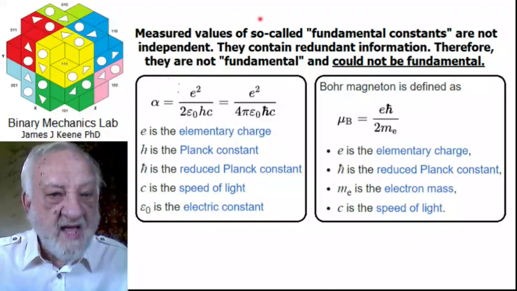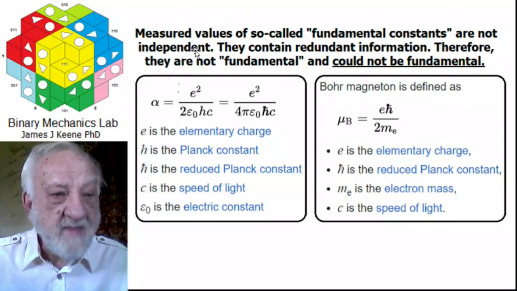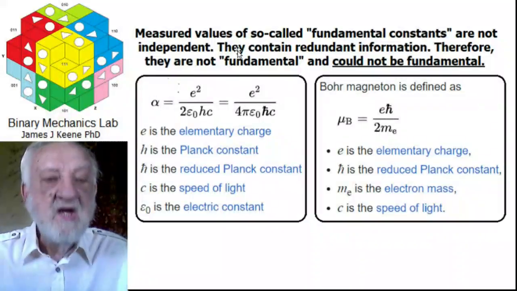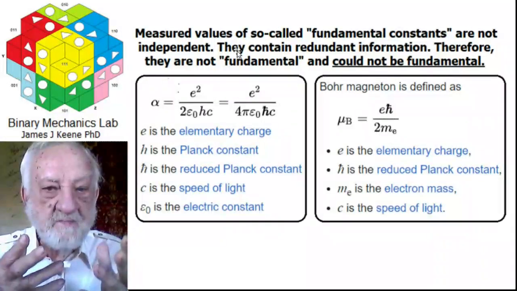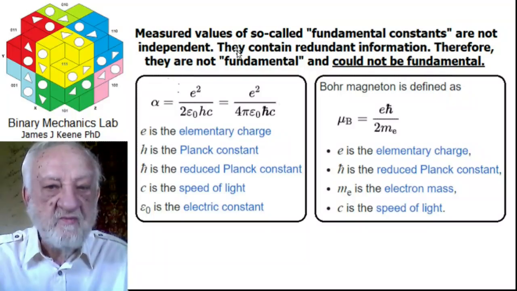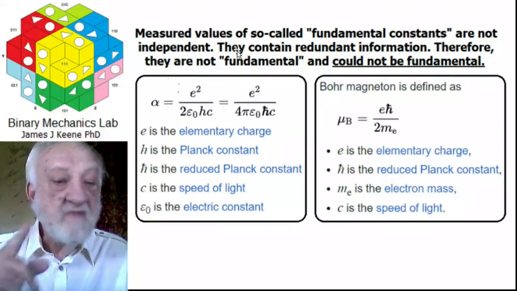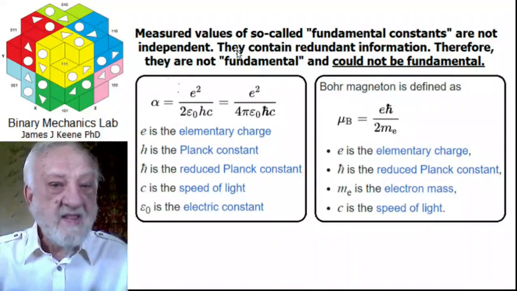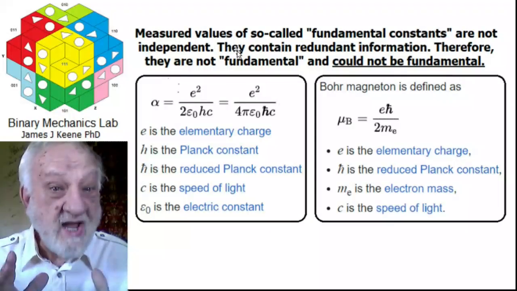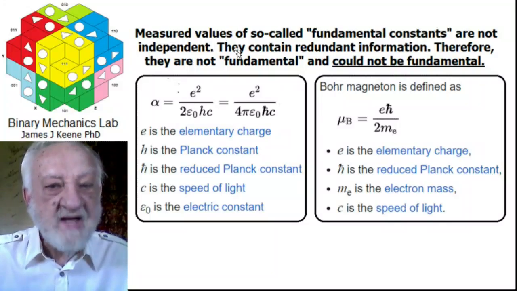The measured values of these so-called fundamental constants are not independent, as these equations show. They contain redundant information. If they didn't, you couldn't write these equations. Therefore, these constants are not fundamental, and furthermore, they could not be fundamental if you understand what a simple algebraic equation is in fact saying.